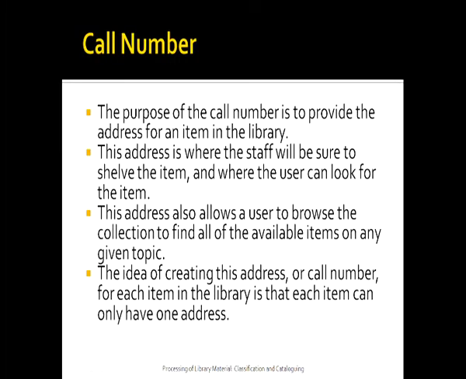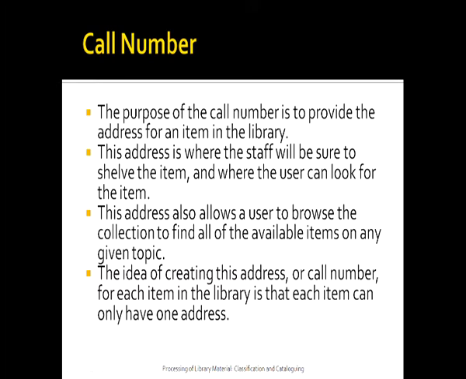Let us now take a look at what the call number is all about, because in connection with library classification, we have to call the books, and a call number is provided on all the books. The purpose of the call number is to provide the address for an item in the library. The address in this case is where the staff will be sure to shelve the particular item and where the user can look for the item.